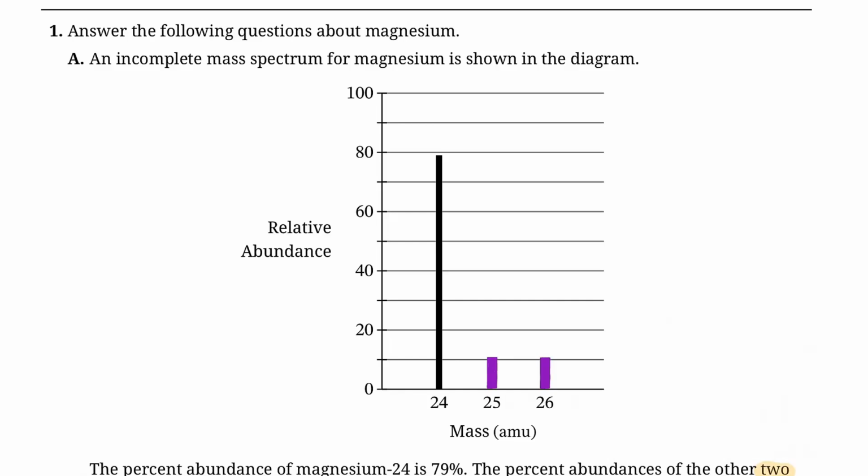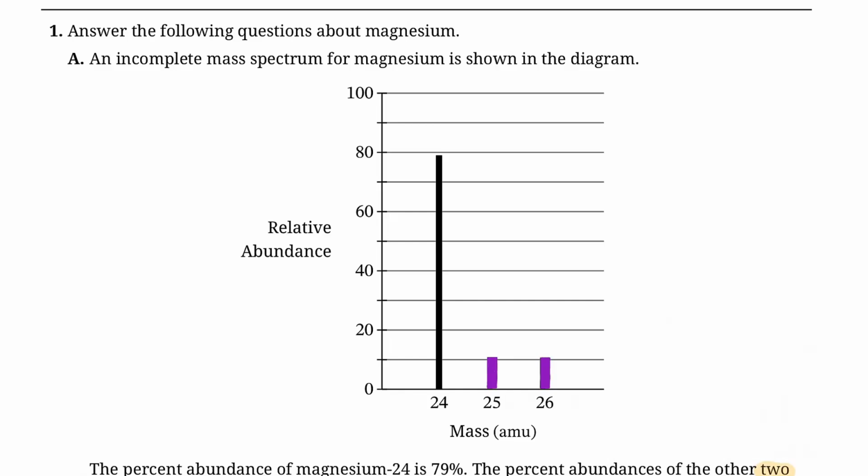They're the same element because of the proton number. We have magnesium here with a big spike close to 80% abundance. So we should understand that the relative atomic mass should be closer to 24 because it's weighted more to the 24. 80% of all the magnesium is 24, so should the weighted average be.